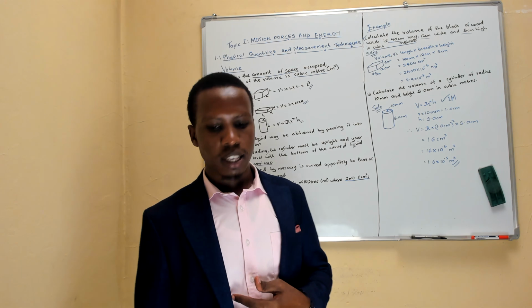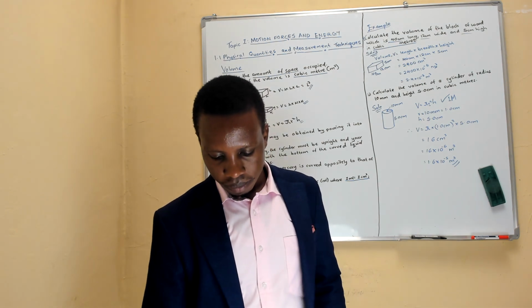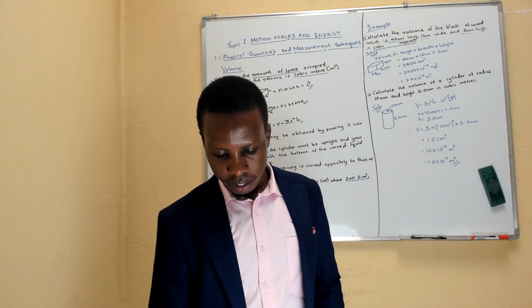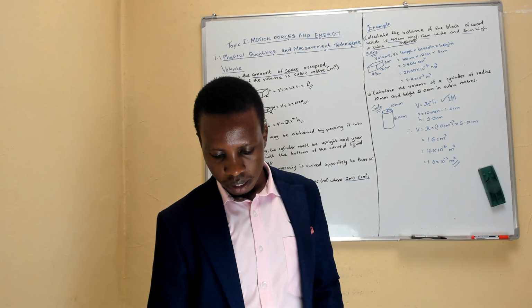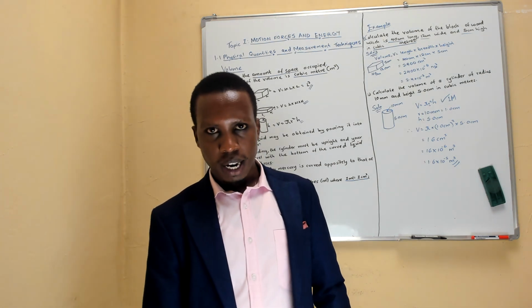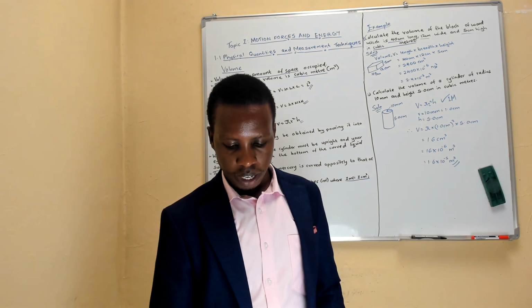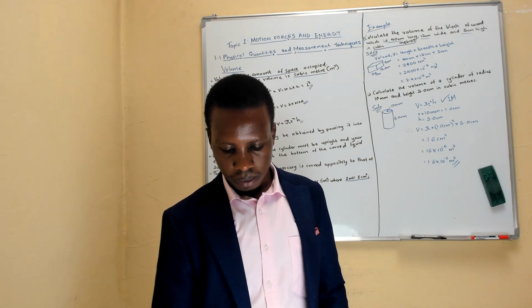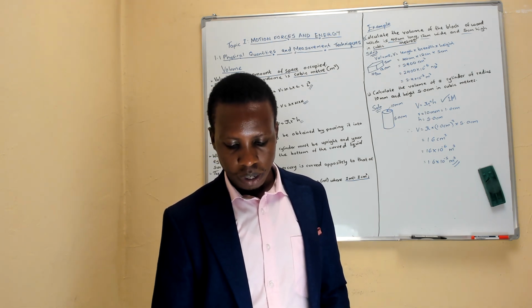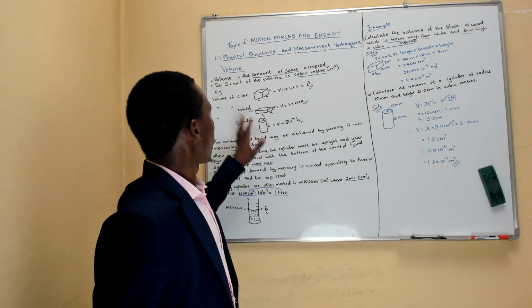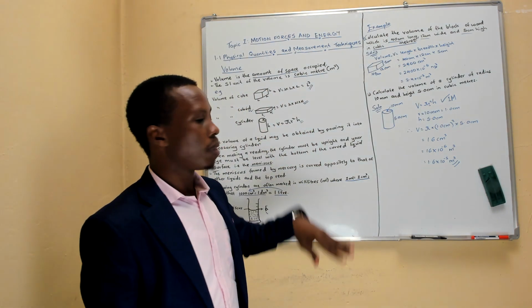Then after that, you need to know the systematic errors as far as time is concerned. We also will be talking about the vernier calipers and the micrometer screw gauge, and scalar and vector quantities. Then that will mark the end of topic 1.1, which is physical quantities and measurement.